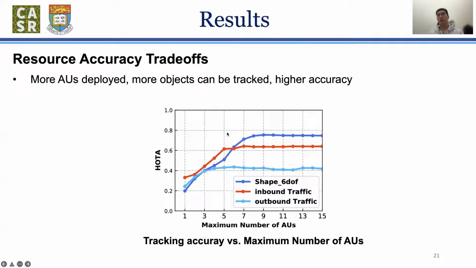So that's also the reason why we do different optimizations on different implementations of AU. In this plot, you can see that the tracking accuracy increases as the maximum number of AUs allowed increases at the beginning, and then saturates at some point, because now the AUs are enough to track all the objects in the dataset. And this is actually a dataset-dependent parameter.